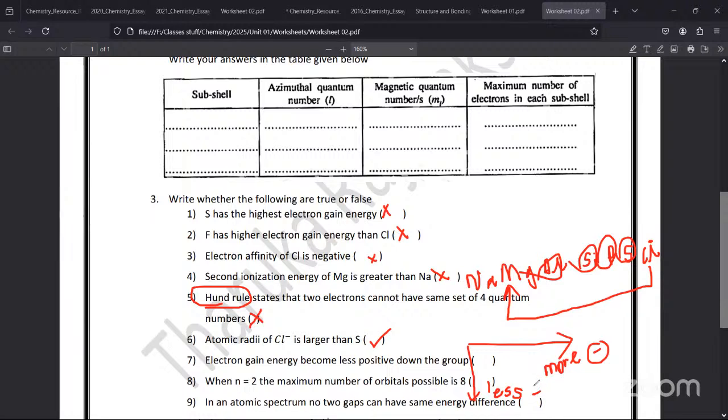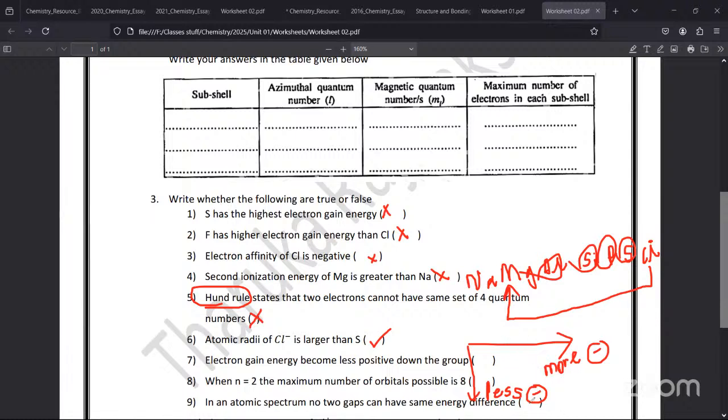How do you remember this? Chlorine was the highest. When you go to the right of the periodic table, the negative value of the electron gain energy increases.